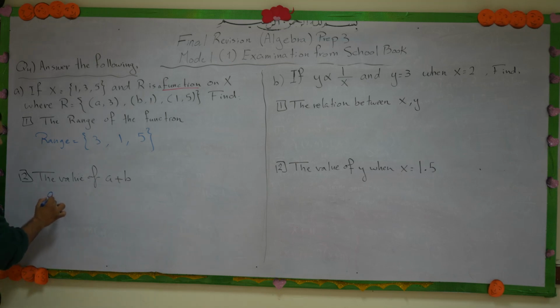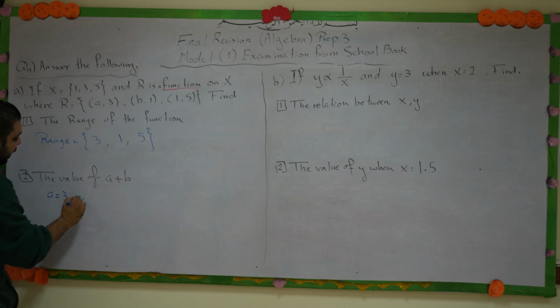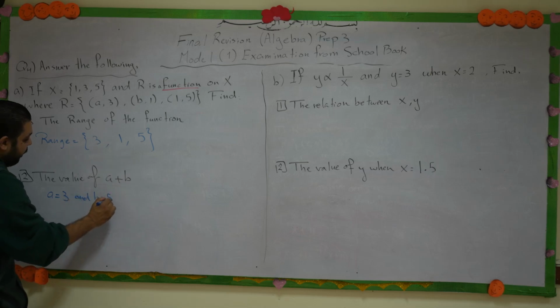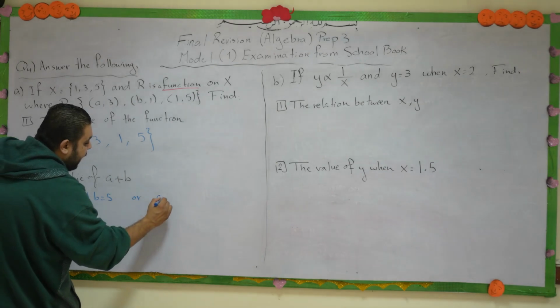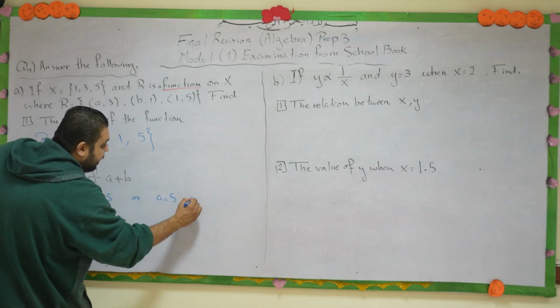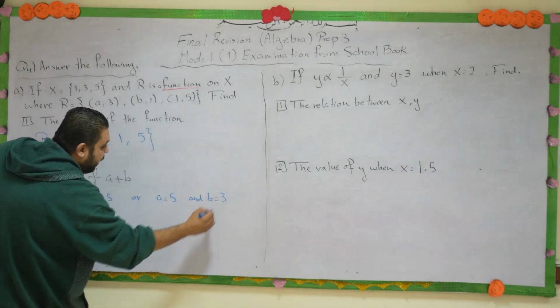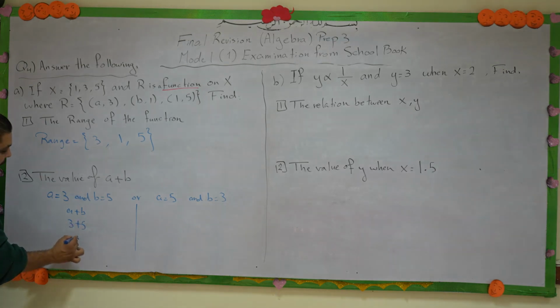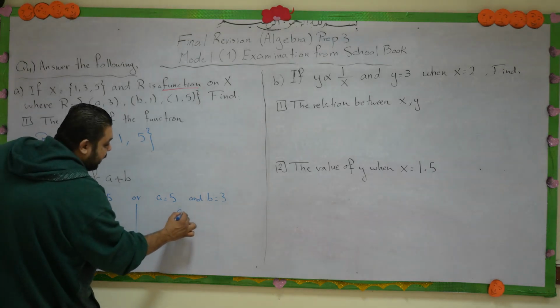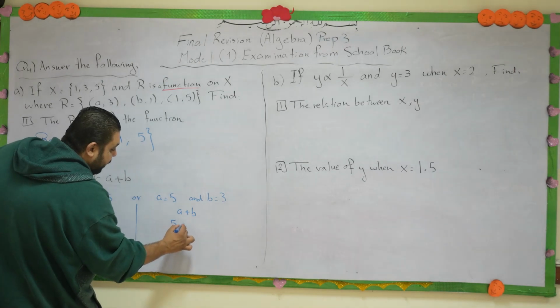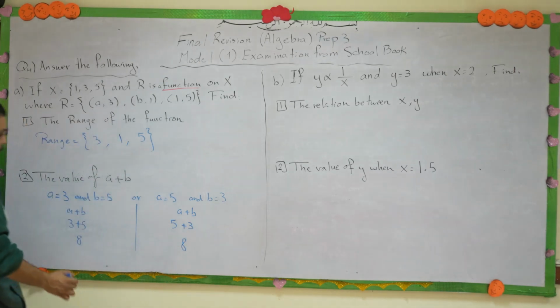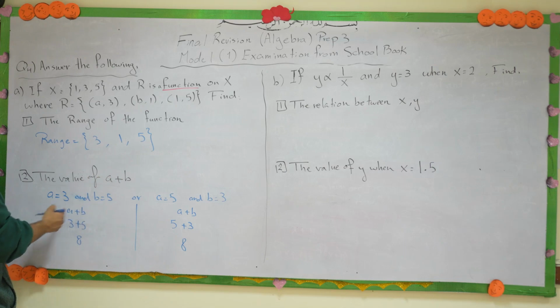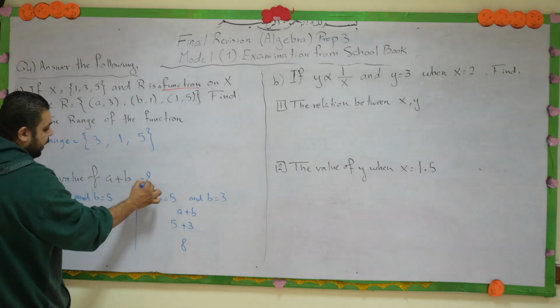So either a equals 3 and b equals 5, or a equals 5 and b equals 3. In these two cases, a plus b will be 3 plus 5 equals 8, and also 5 plus 3 equals 8. So the value of a plus b in both cases equals 8.